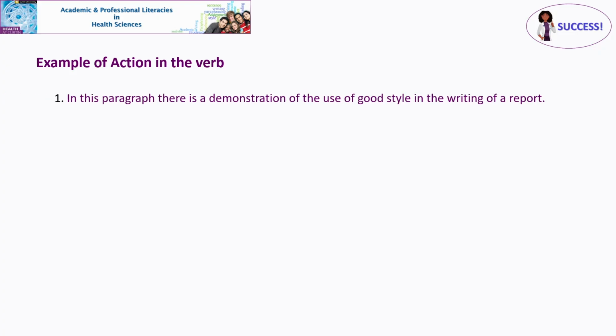Let's have some action in the verb examples. Have a think about this. In this paragraph, there is a demonstration of the use of good style in the writing of a report. How could we change this sentence to be more active using the verb?